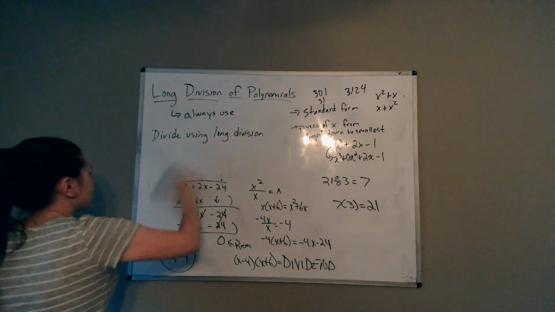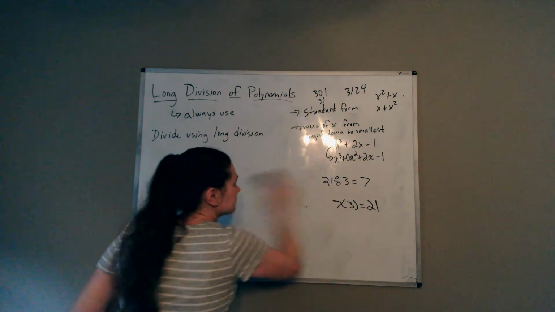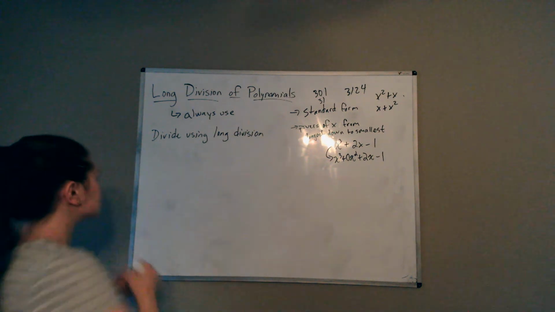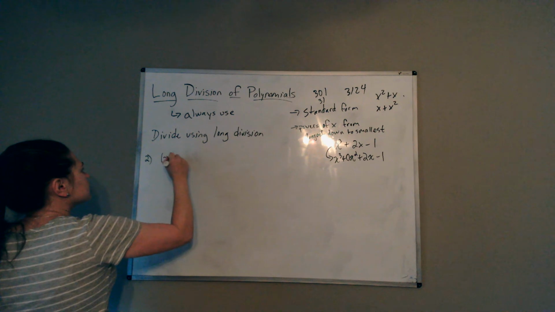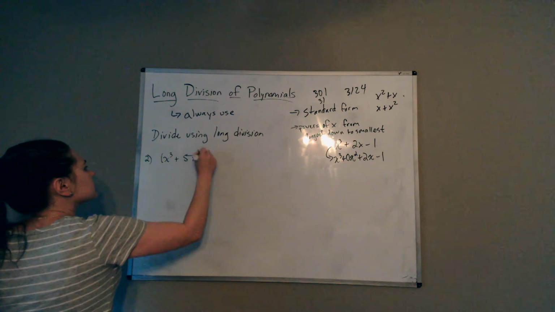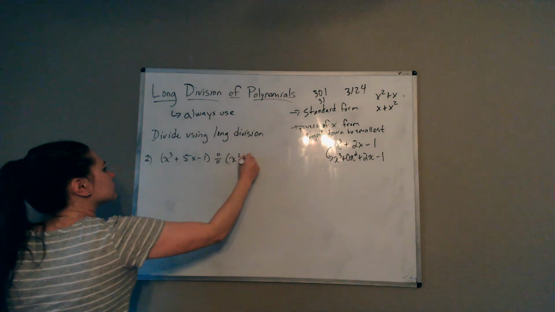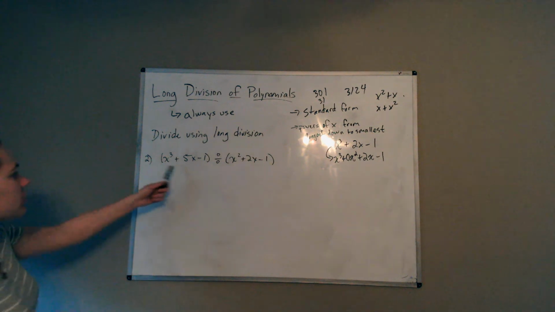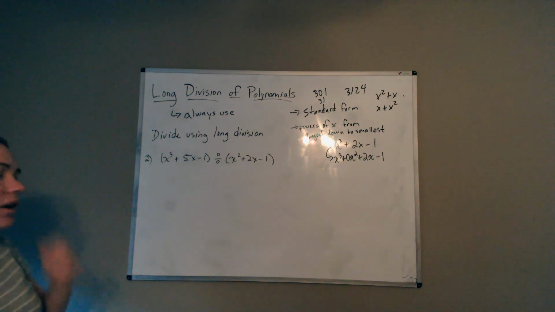So let's do another. Okay, so we have x to the third plus 5x minus 1 divided by x squared plus 2x minus 1.